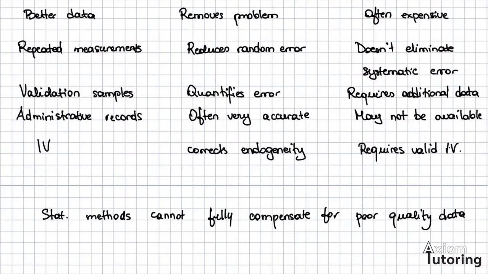The best solution to measurement error is prevention, so better data, repeated measurements, or administrative records, with IV as a powerful but demanding alternative when accurate measurements are unavailable. And with this, we've now completed the measurement error arc. We understand the problem, the consequences, and the solutions.